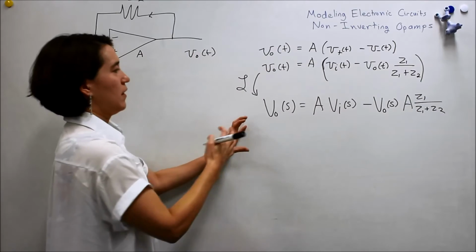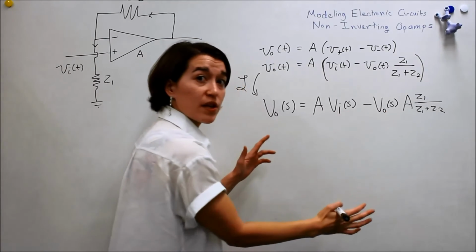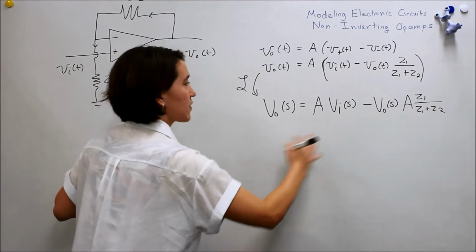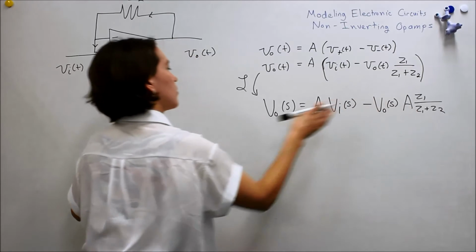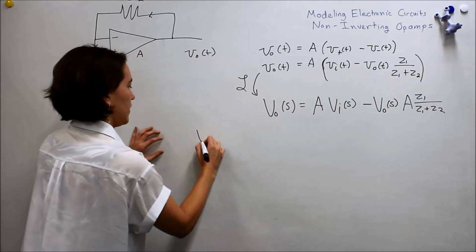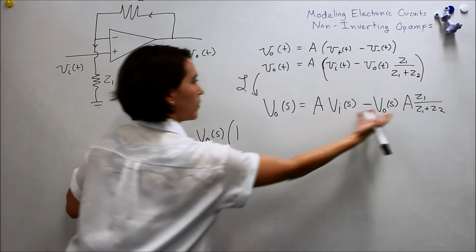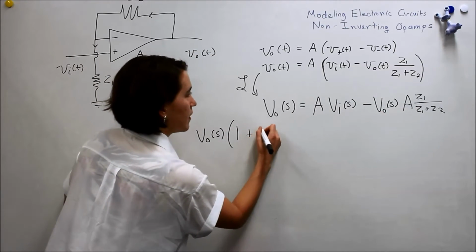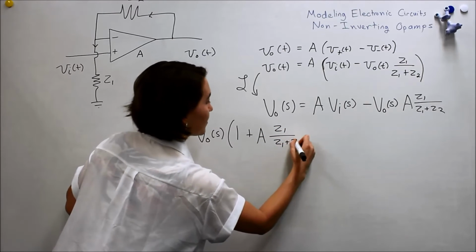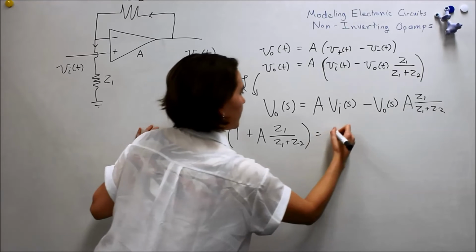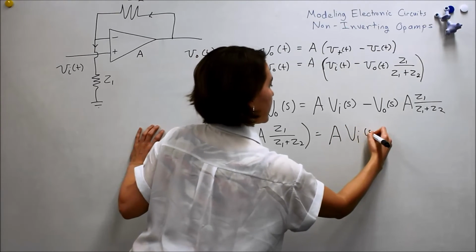Okay, so eventually we want to get our output over our input because we need to look at the transfer function. So let's try to break things apart. So let's move this term over here and separate the terms, so we'll have Vout of s. And then here we have a 1. We're adding this part, so plus A Z1 over Z1 plus Z2 equals A Vi of s.